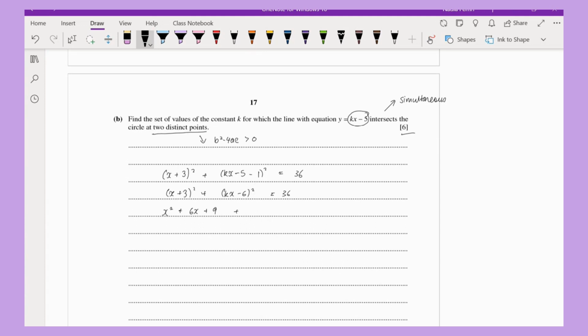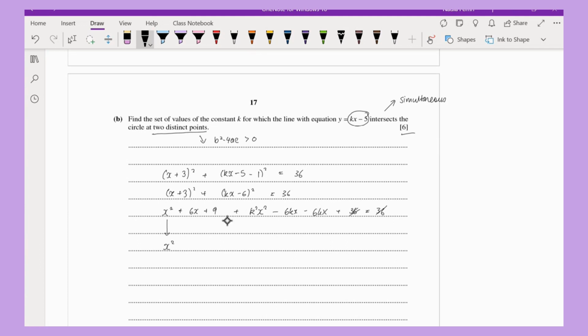And then this one's getting pretty tricky. So we're going to square kx. That's going to be k squared x squared. We're going to be timesing 6 by kx a couple of times. And then lastly, we're going to be squaring 6. So we get 36. Straight away, I can chuck the 36s over onto that side. And at this point, because I'm heading towards a b squared minus 4ac style question, I want to be collecting my x squareds together.